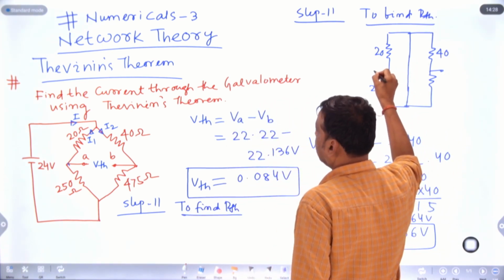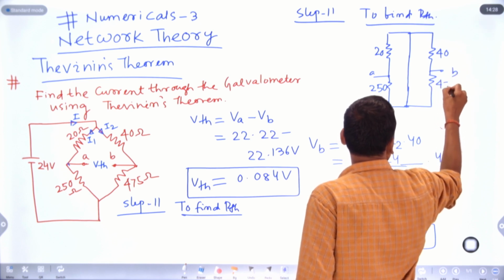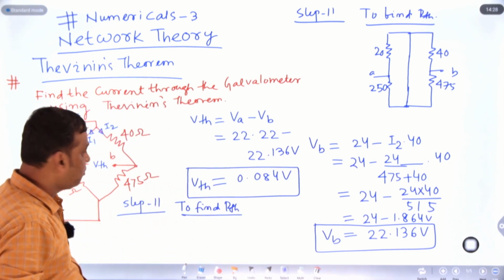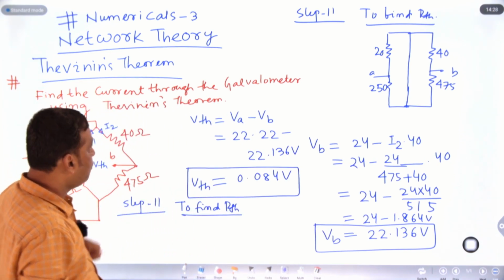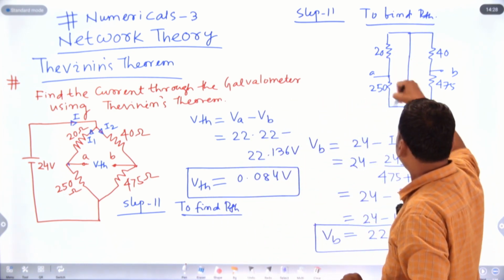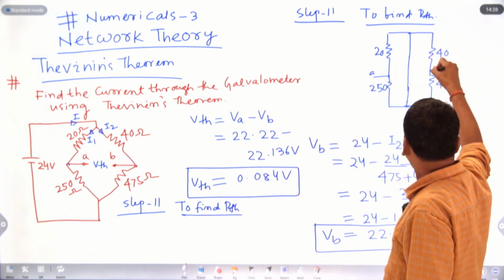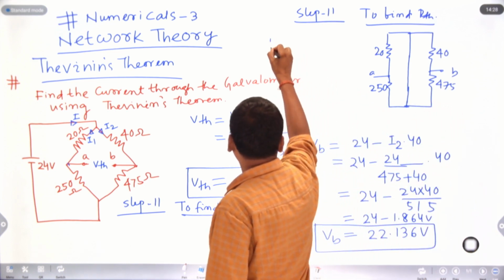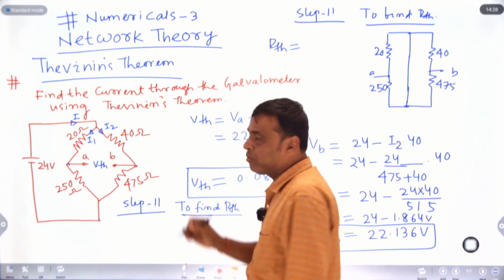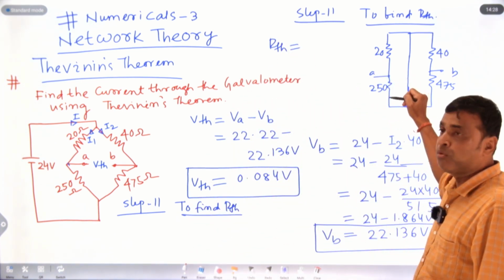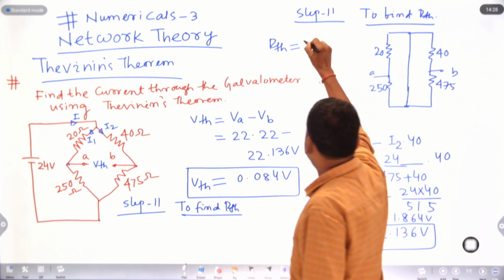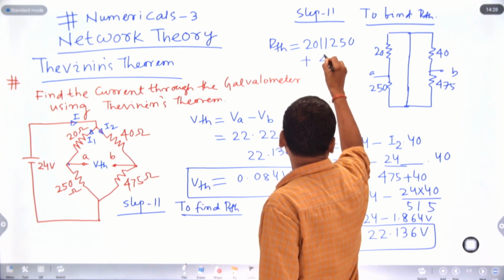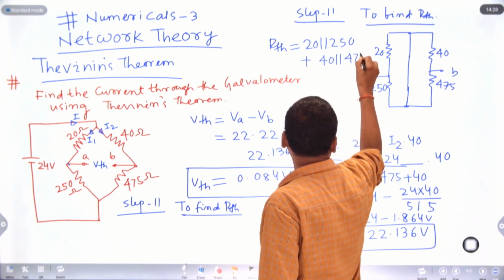This is A and this is B. If the 24 volt voltage source is short circuited, then this 20 and 250 are in parallel, and 40 is in parallel with 475. So RTH, Thevenin's resistance, equals 20 ohm parallel to 250 ohm, plus 40 parallel to 475.